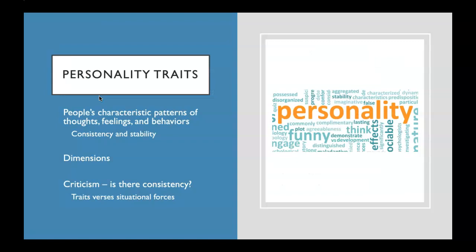So personality traits. As we talked about previously, traits are just going to be patterns in characteristics of thoughts, feelings, and behaviors. What we're looking for is consistency and stability. So in different scenarios, maybe if you are an agreeable type of person, right, you go with the flow, will we see that manifest itself in an array of situations?